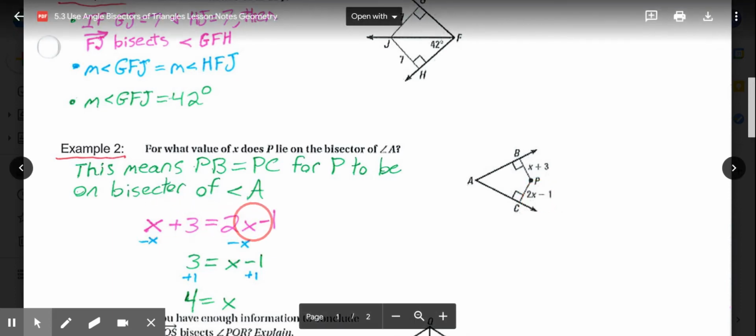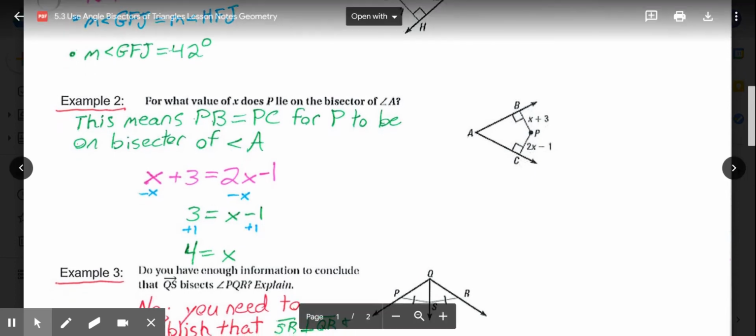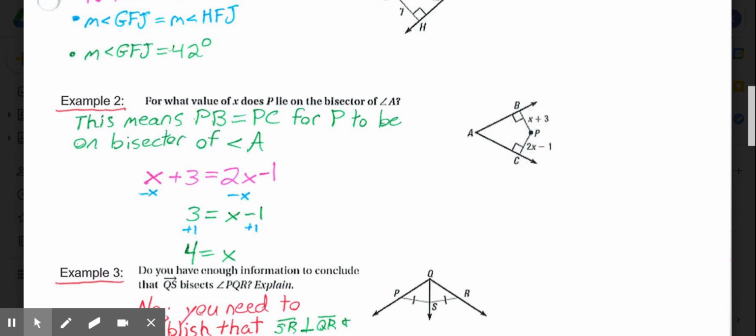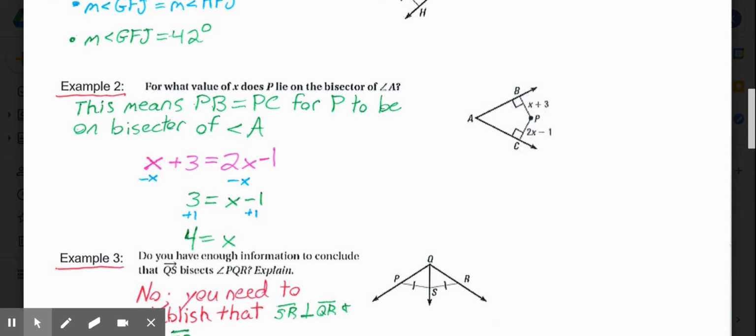So x plus 3 equals 2x minus 1. Then we can solve for x by subtracting x from each side. So 3 equals x minus 1, add the 1, and x would equal 4. So x equals 4 makes P on the bisector of angle A.